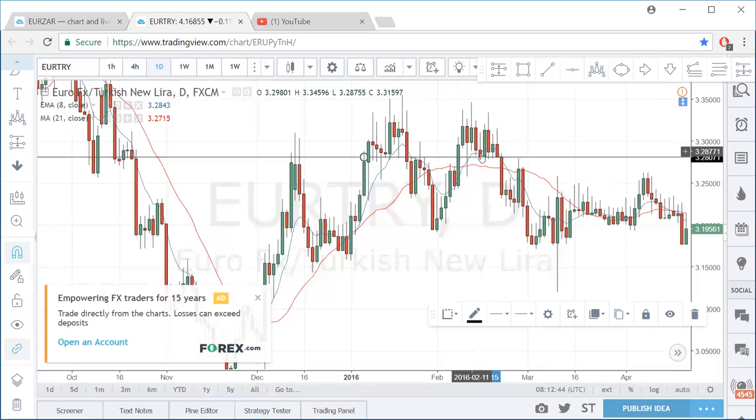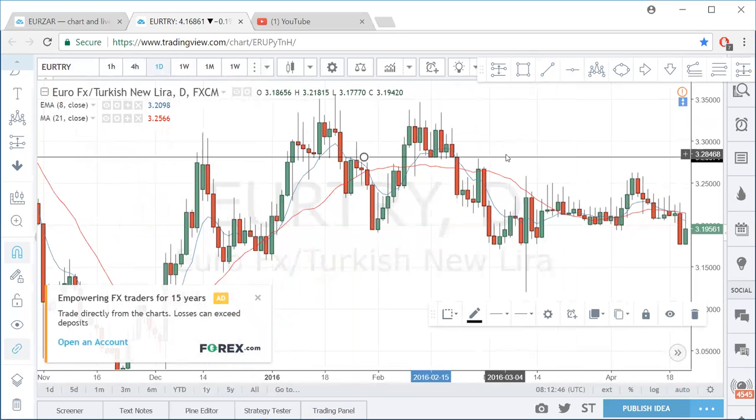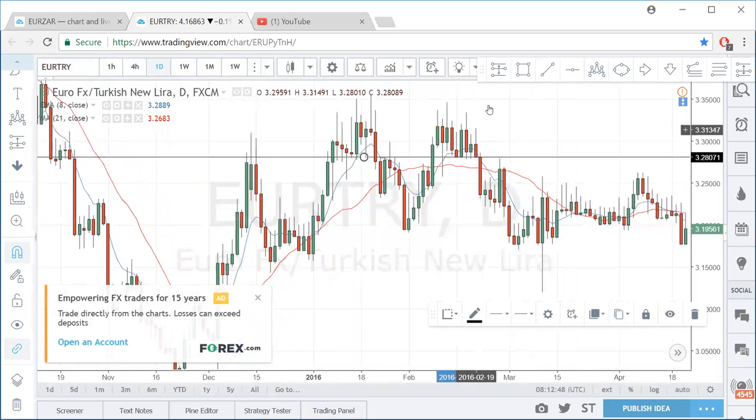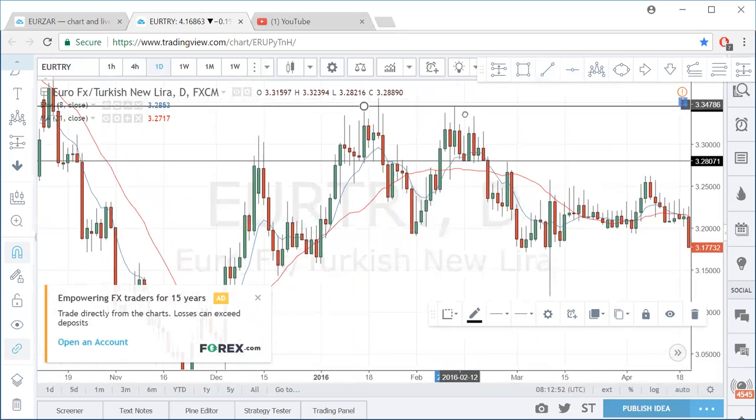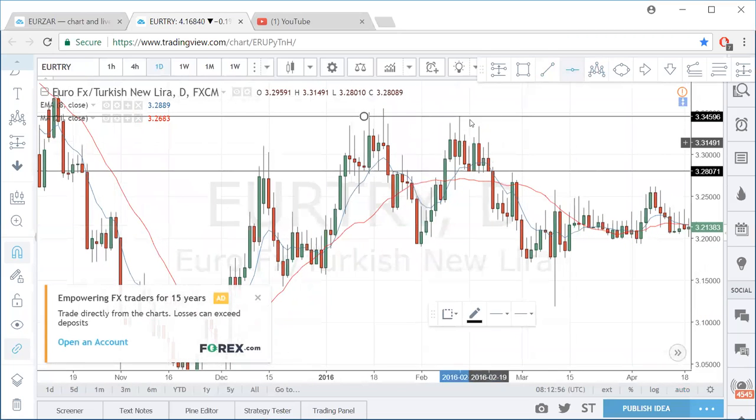With this being your neckline, all you have to do now is connect the dots. Sorry, trend line, connect the dots, right? You can decide to draw your trend line from here all the way.